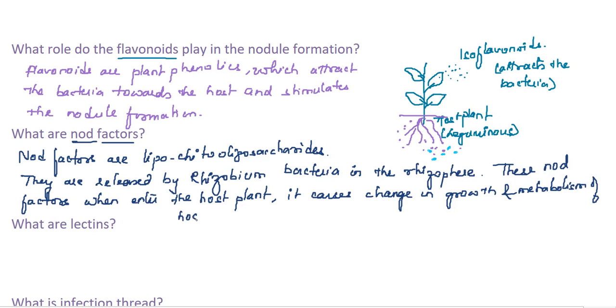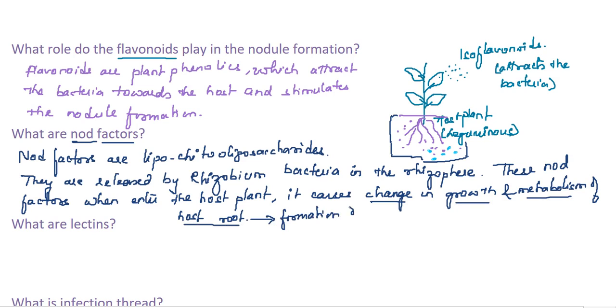So what I said is that whenever this rhizobium bacteria come in contact with the host root, several steps are seen one after the other. When these bacteria release the nod factor in the rhizosphere, this region here is the rhizosphere, and when these nod factors enter the host plant, it causes the change in growth and metabolism of the host root, after which we see the formation of nodule.